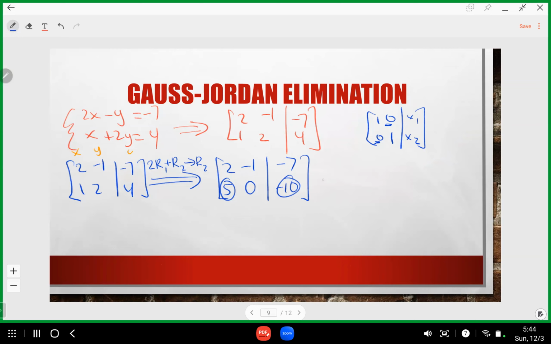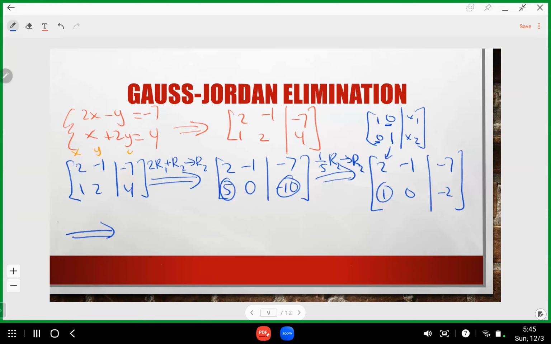Let's just actually convert it first. So 1/5 of row 2 to row 2, and then we're going to have an unchanged first row, and then 1, 0, negative 2. So we have another pivot here. We can use that to get rid of this 2 here. Let's say we have negative 2 times row 2 plus row 1 is equal to row 1.